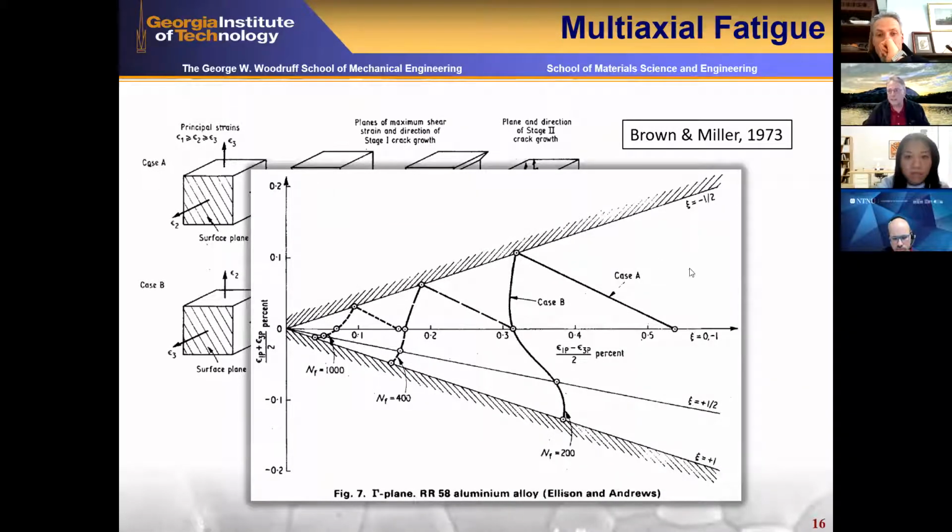This is a plastic strain gamma plot for an aluminum alloy by Ellison and Andrews. And it just shows the case A contours are distinct from case B. So the x-axis here is pure shear. This is the uniaxial bound, and then this is the equibiaxial bound. This encompasses all strain states that are accessible.